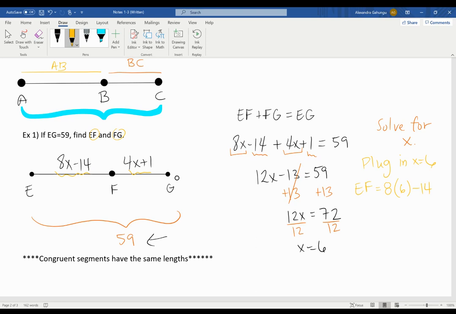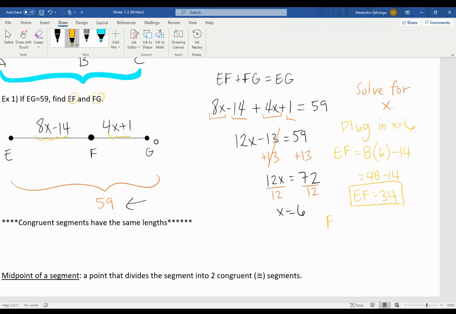So I plug in 6, 48 minus 14, and so I know that EF is equal to 34. And now we're going to find FG by taking x equals 6 and plugging that in.